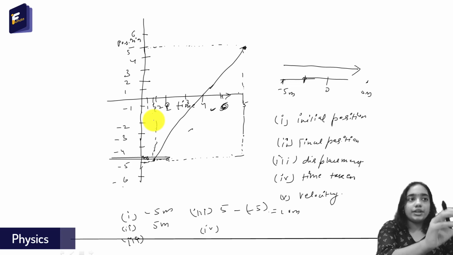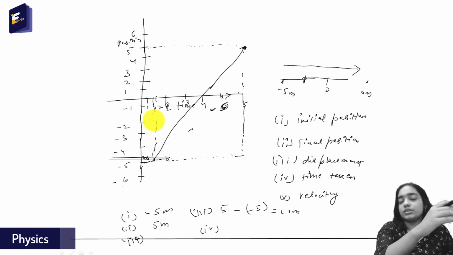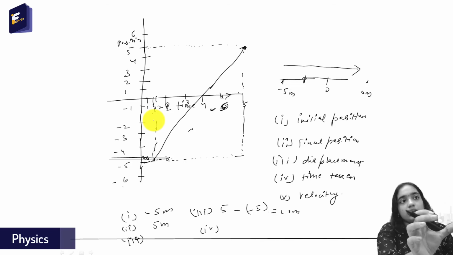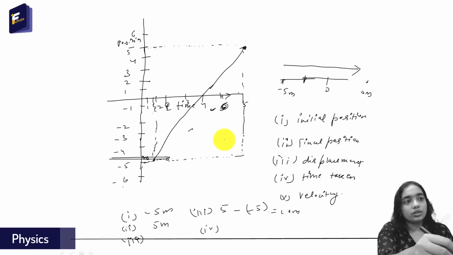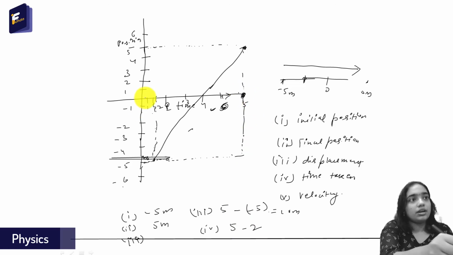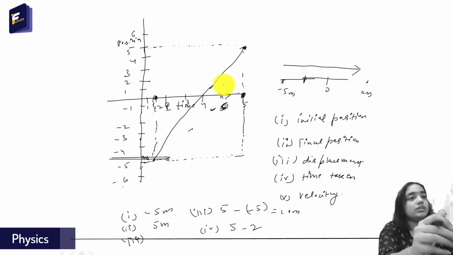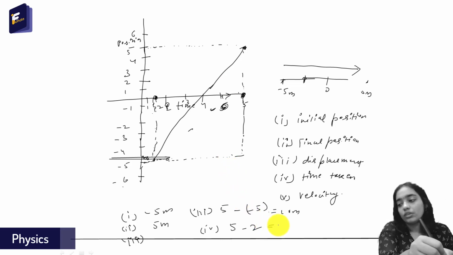When it was displaced from minus 5 to 5, the time taken is 5 minus 2. This is the final time and this is the initial time, so this is the time interval. 5 minus 2 is equal to 3 seconds.